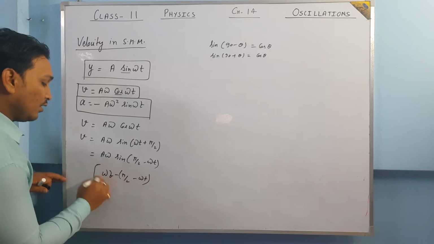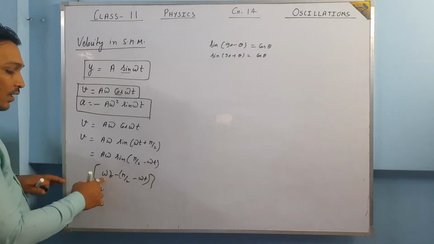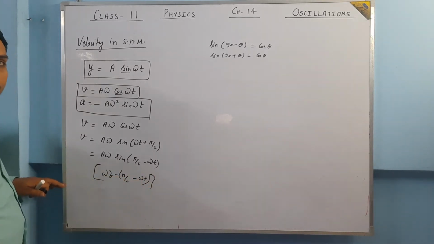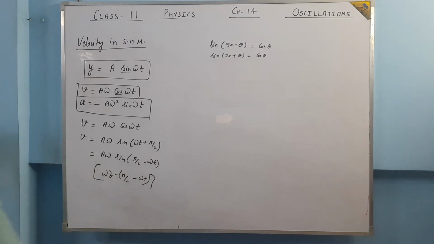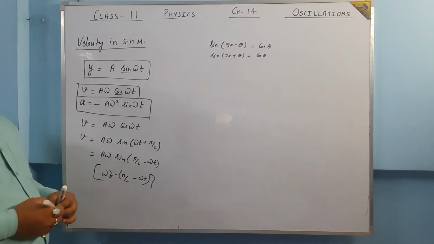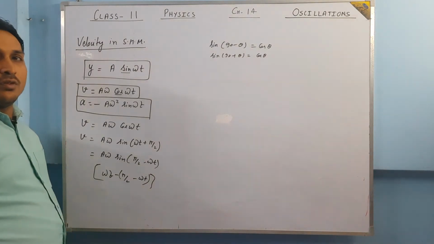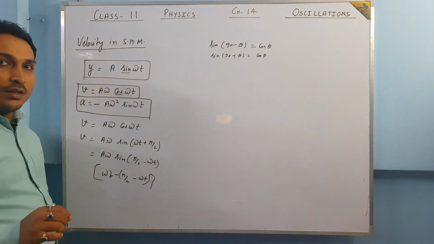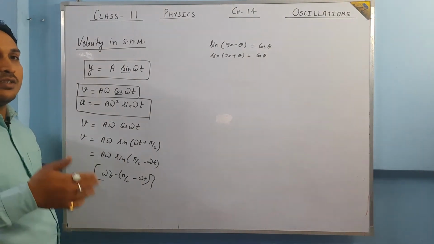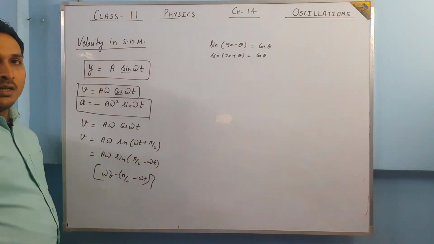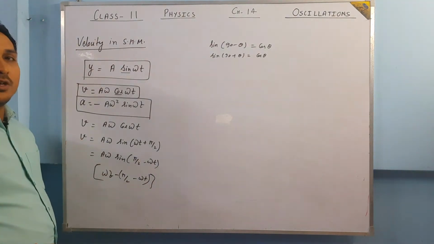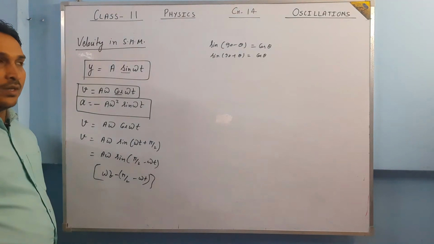So if I take the difference, omega t will not be cancelled out. It will be 2 omega t minus pi by 2, which is not wrong. But if I want the phase difference, I must ensure that time is not there in it. If time is there, that simply means the phase is changing with time, and then the phase difference becomes a bit complicated.